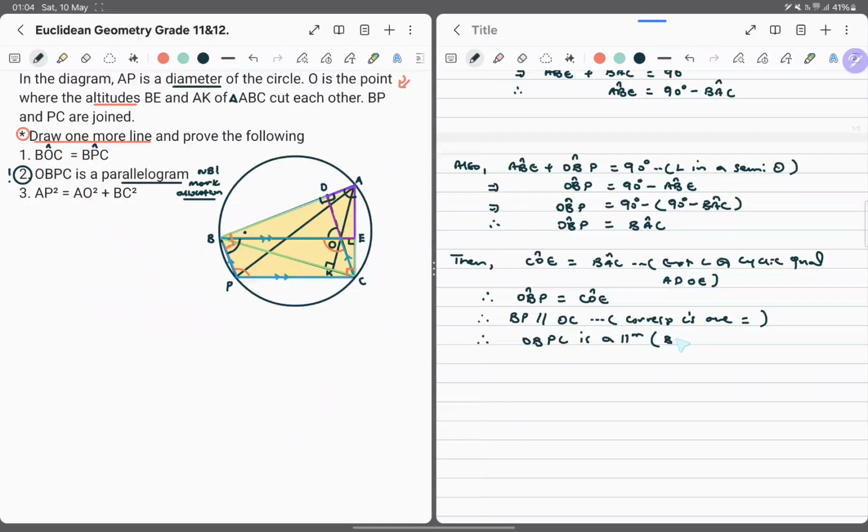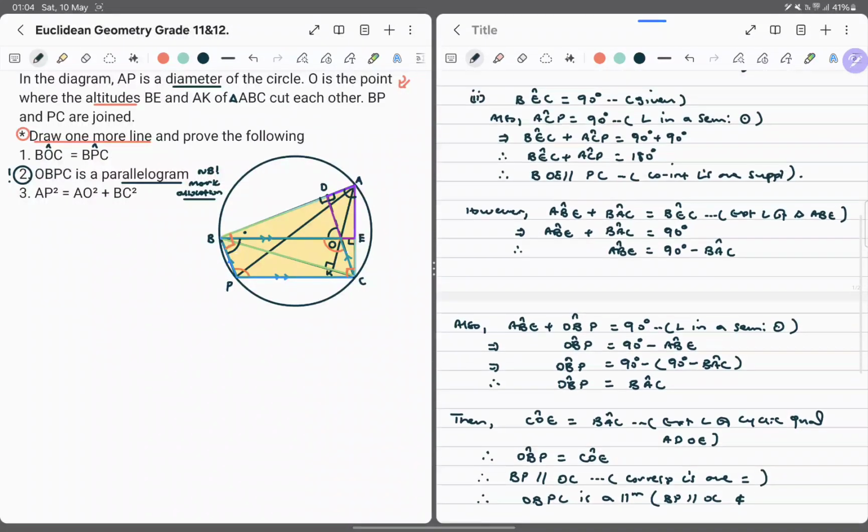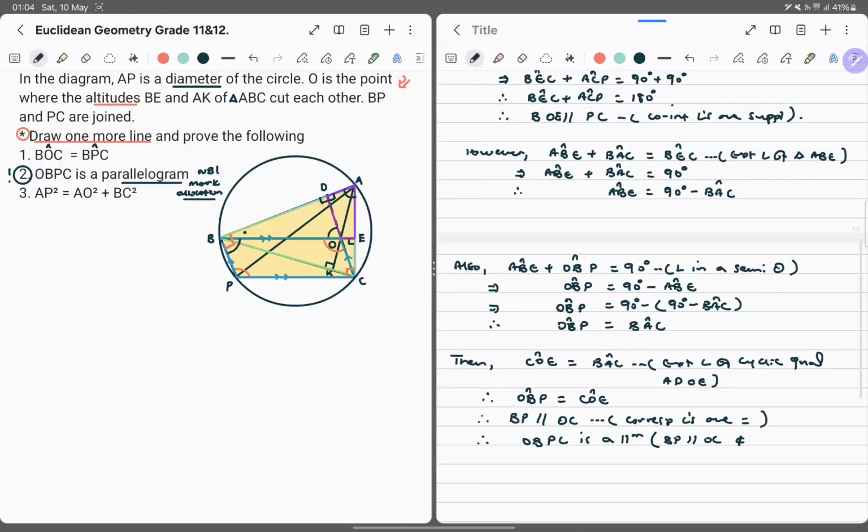We know that BP is parallel to OC and BO, this time we're just going to write BO parallel to PC. All right, so once we have a set of opposite sides that are parallel, this is a parallelogram.